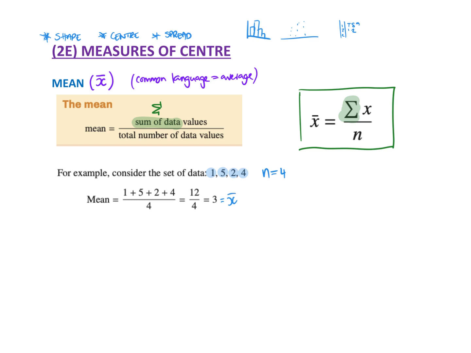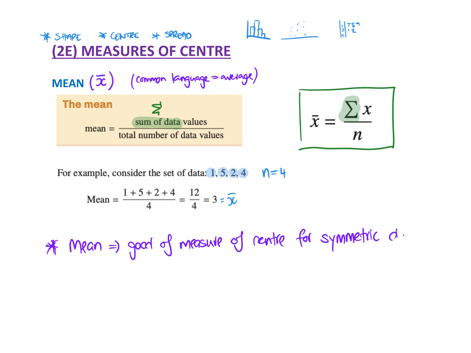We were talking a little bit about it last week, but remember, the mean is a good measure of center for symmetric data with no outliers.